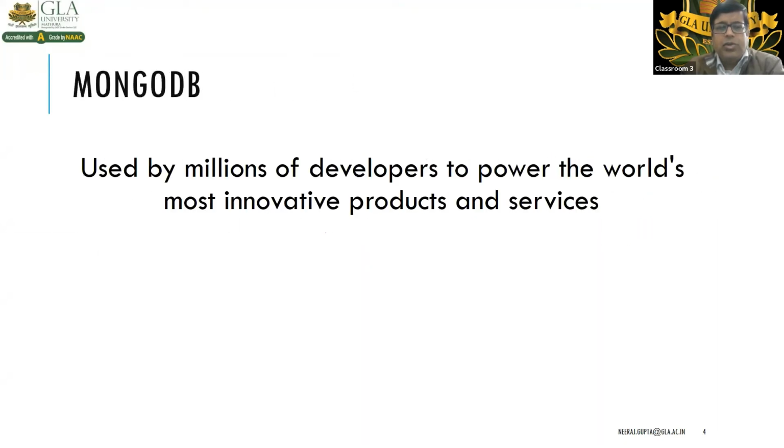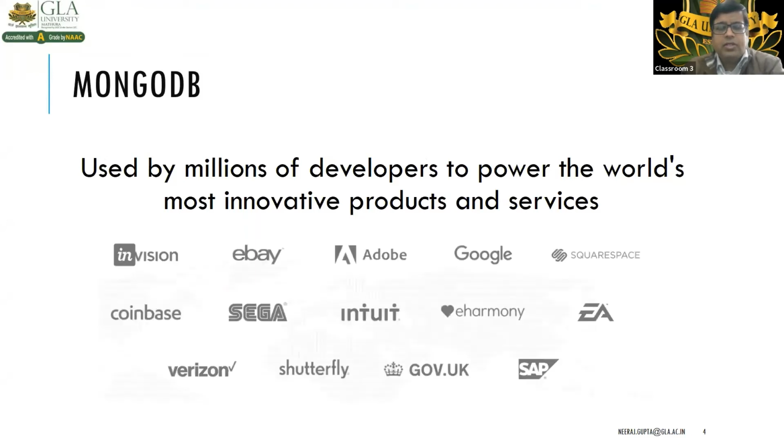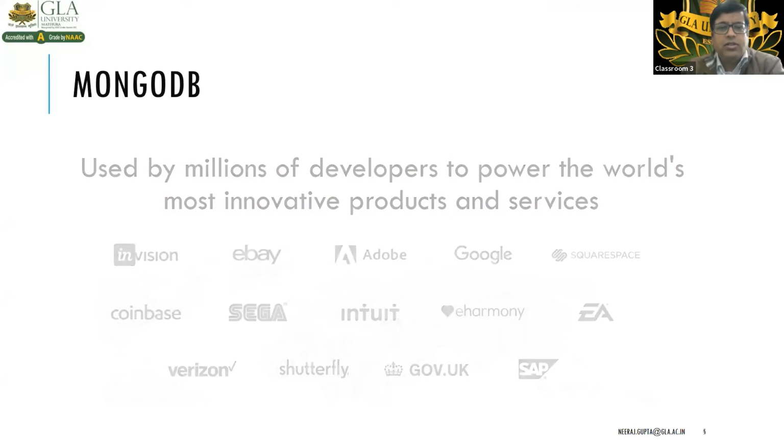MongoDB is used by millions of developers nowadays in innovative products and services. Various companies, like you've seen on the logos, eBay, Adobe, Google, there are a lot of companies which are using this MongoDB database, right? Which is NoSQL, not only SQL.